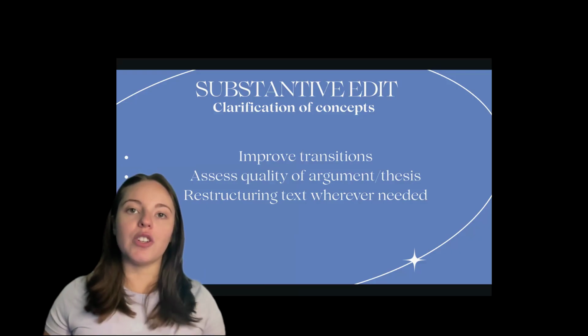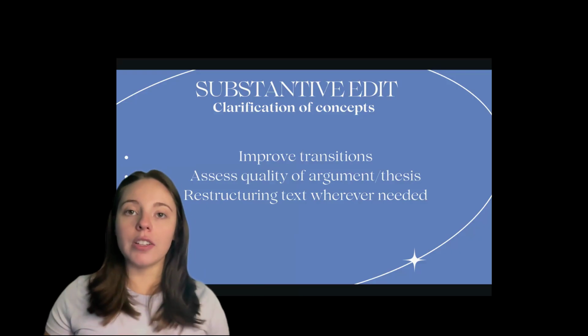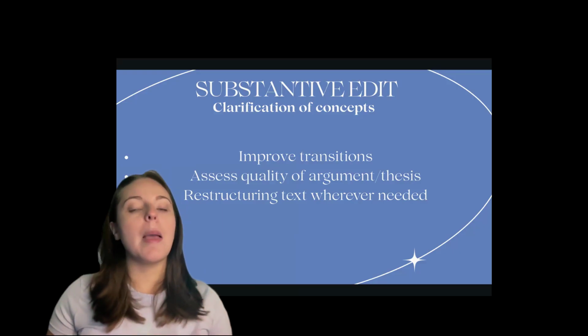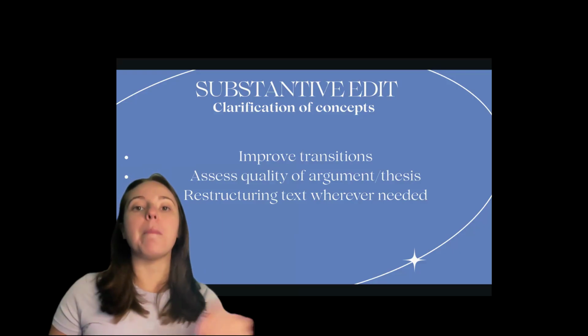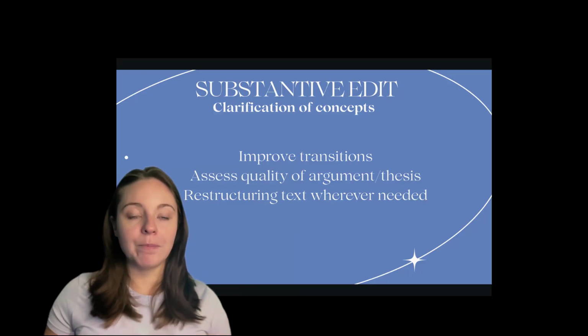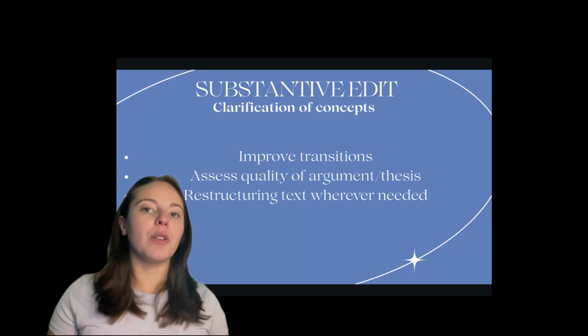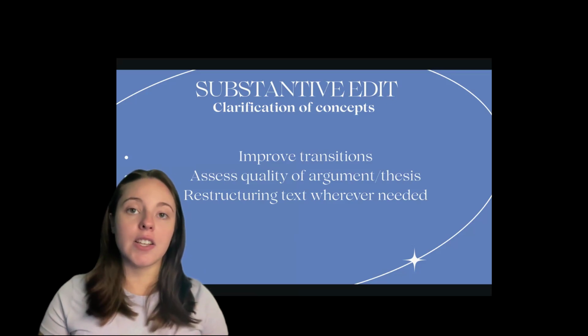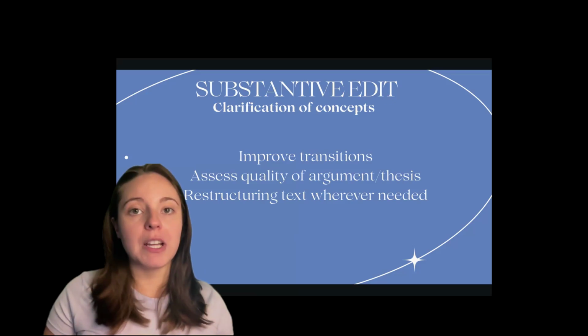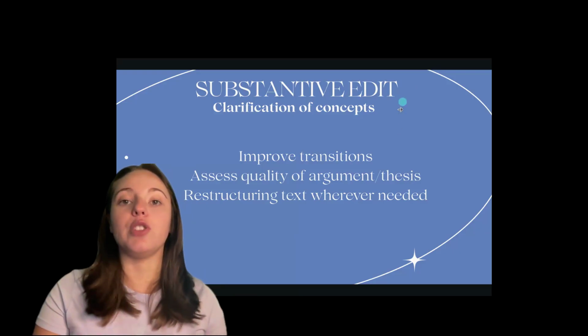This is also going to be looking into the quality of your argument slash thesis, making sure all your points always come back to that argument slash thesis. And finally, reconstructing your text whenever it's needed, whether that is a clarification of ideas or creating less background information and more analysis of your own work.